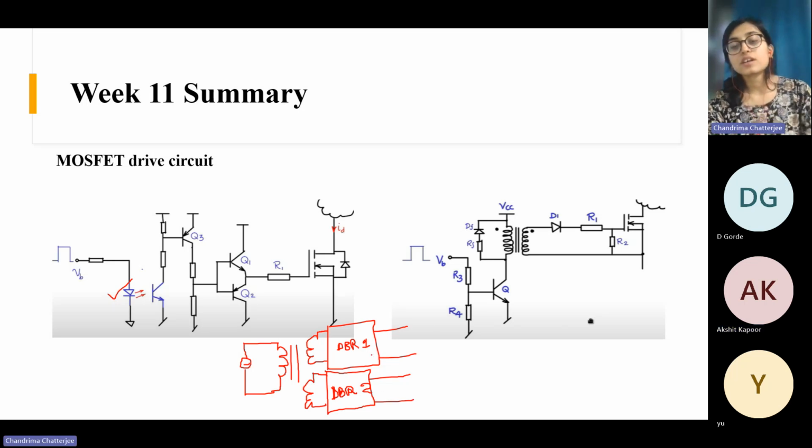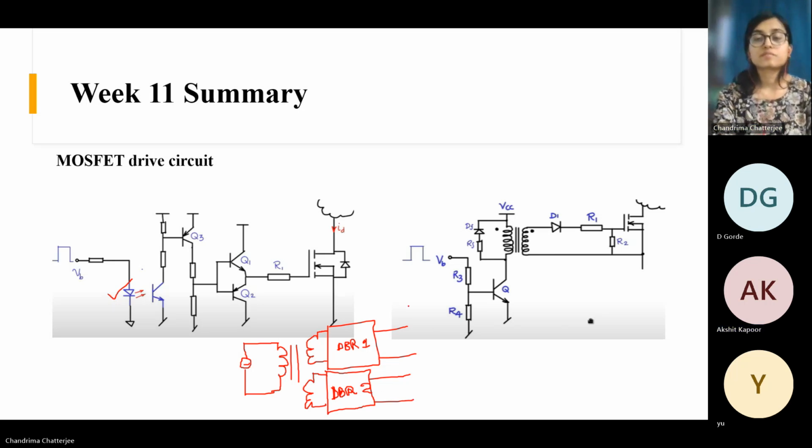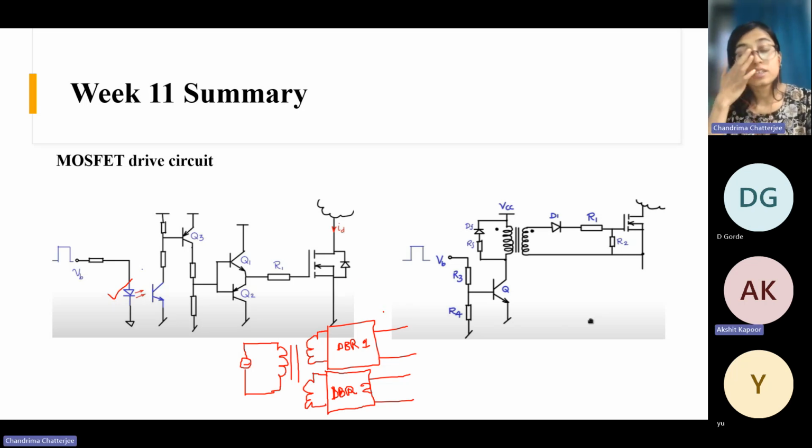Like that also you can have isolation. You will see this circuit in the lecture. Okay. So any other confusion? Any other doubt?